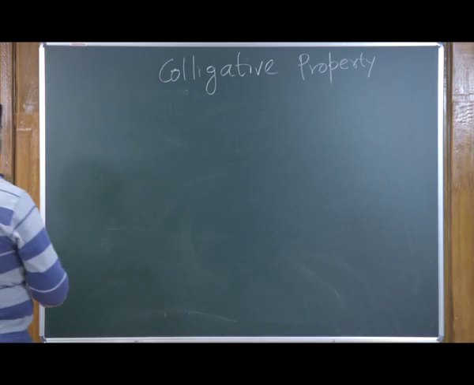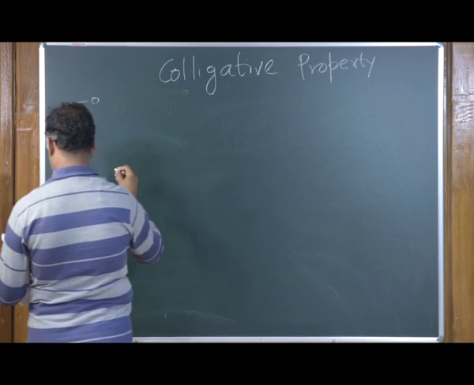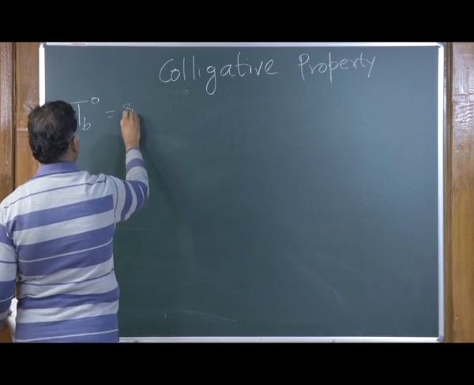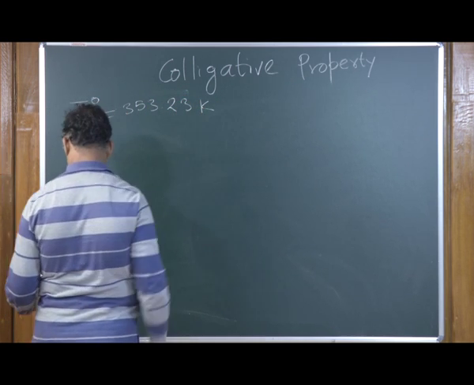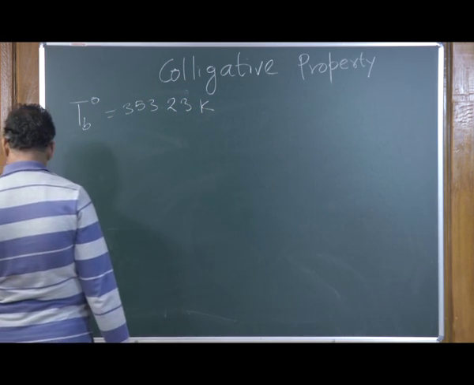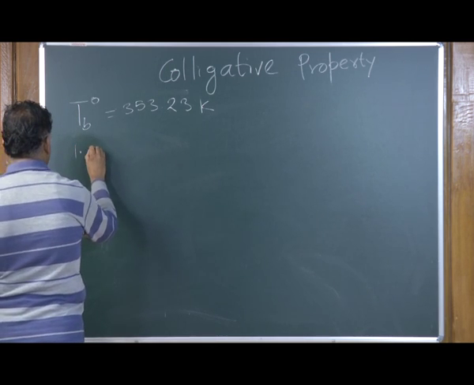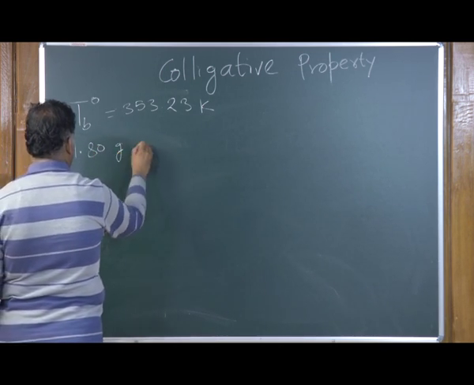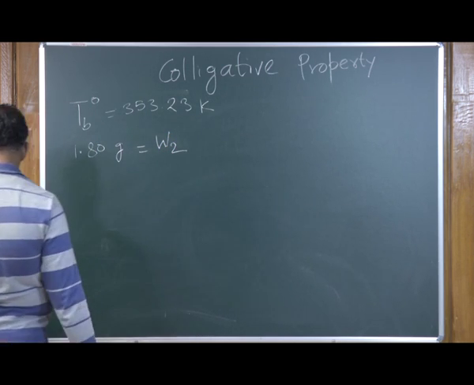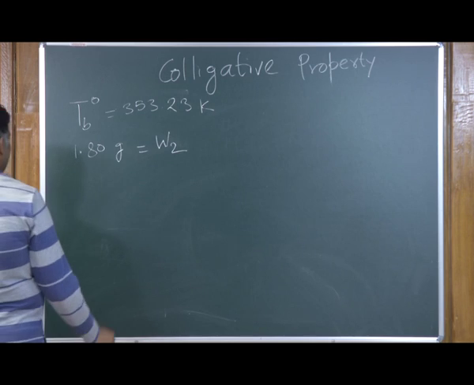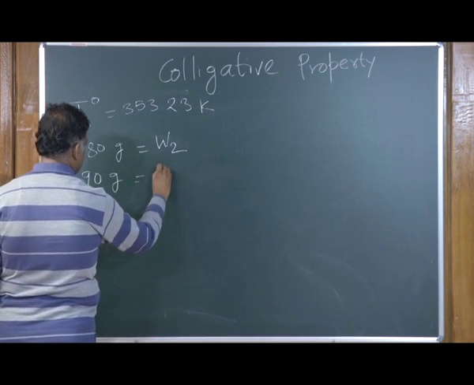So, we are given a normal boiling point of benzene, that is 353.23 Kelvin. When 1.80 gram of one non-volatile solute, so that is the weight of the solute, is dissolved in 90 gram of benzene. So, that is solvent.